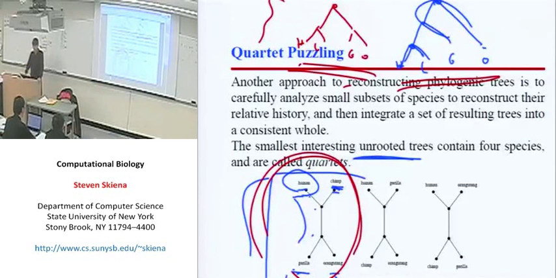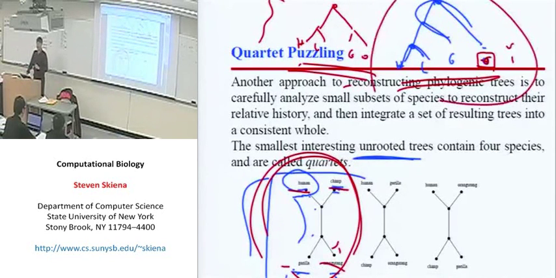But if we knew that one of these species was a real outlier, like let's say we had human, gorilla, chimp, and yeast, we know that the rooted tree probably was this one, right? Because here yeast separated from everything else, the common ancestor of yeast and the primates. Clearly the primates were closer to each other, and yeast split off first, right?